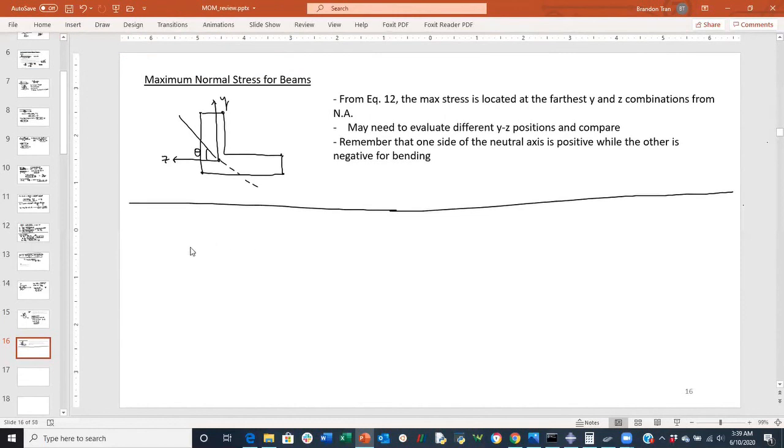For this example problem, we're going to look for the maximum deflection for a simply supported, and we usually term this as SS, simply supported distributed load beam.